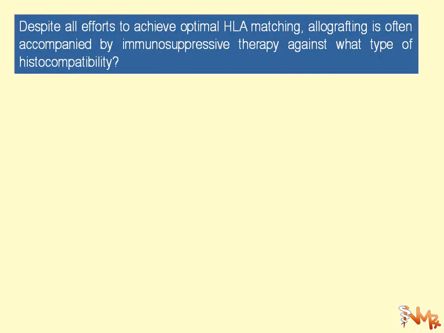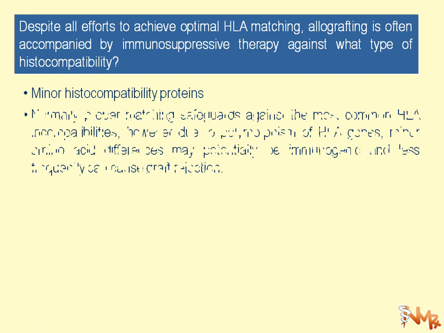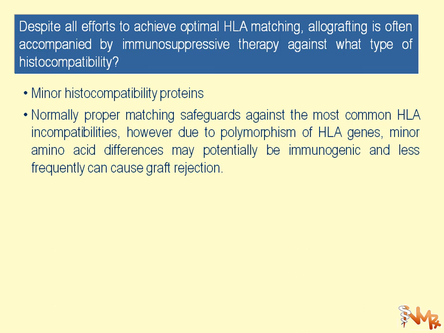Despite all efforts to achieve optimal HLA matching, allografting is often accompanied by immunosuppressive therapy against what type of histocompatibility? Minor histocompatibility proteins. I want you to know that normally proper matching safeguards against the most common HLA incompatibilities.